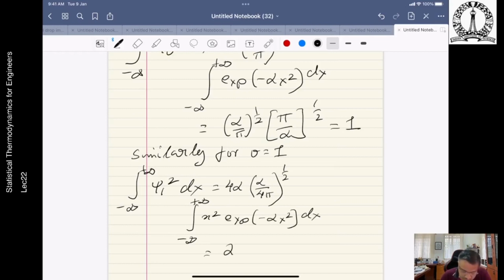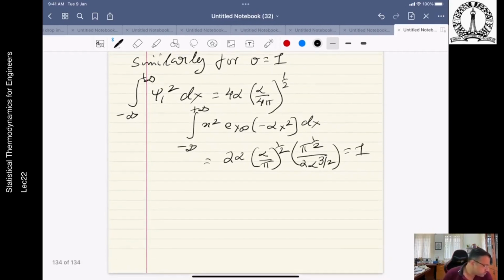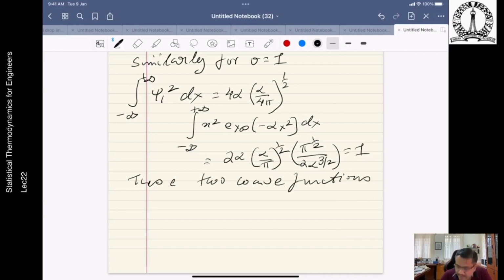This is equal to (2 alpha by pi) to the power of half, times (pi half) over (2 alpha) to the 3 by 2, which is equal to 1. So the two wave functions are properly normalized.